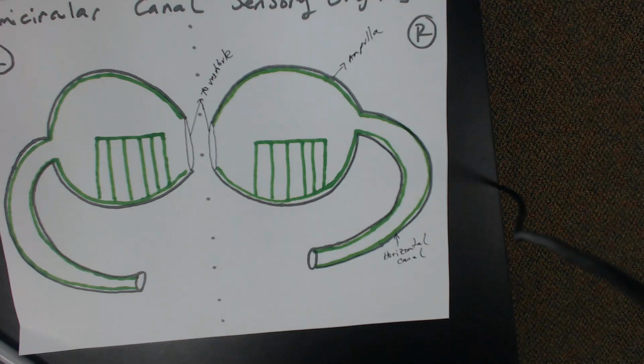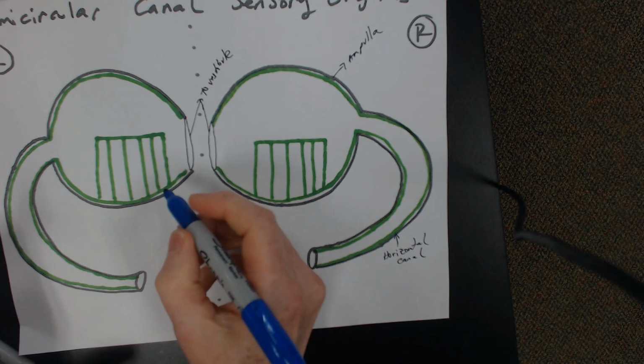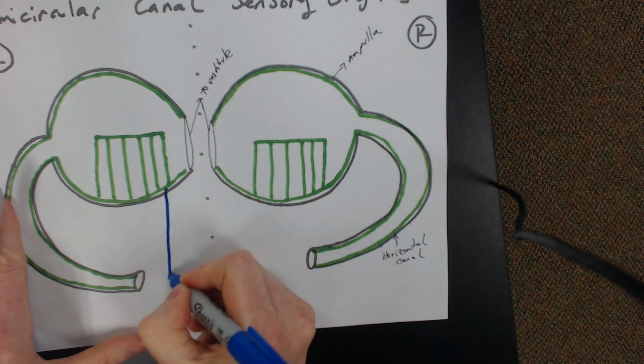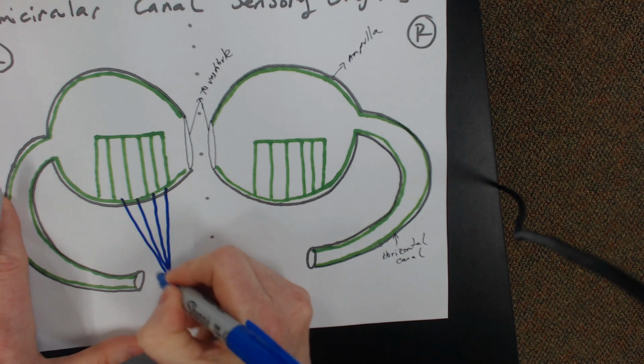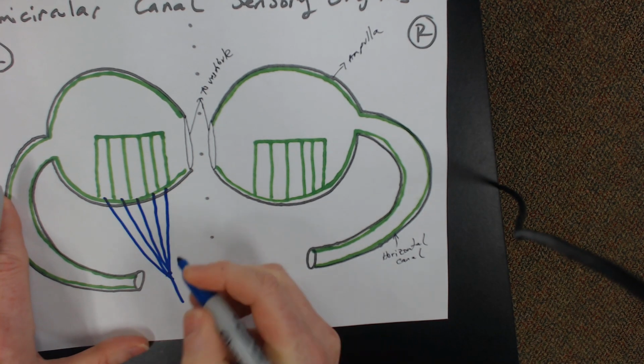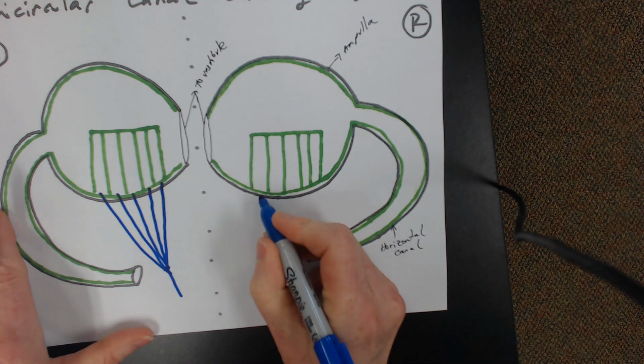Out of the bottom of the hair cells comes the 8th cranial nerve, axons that come together to form the vestibular portion of the 8th cranial nerve, on both sides.